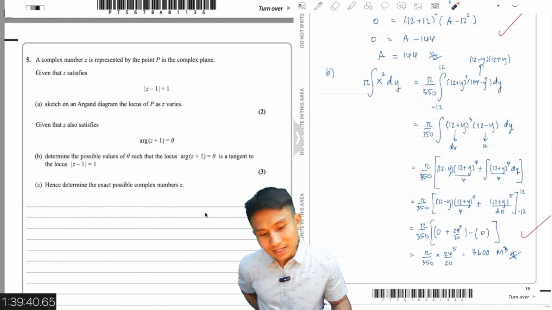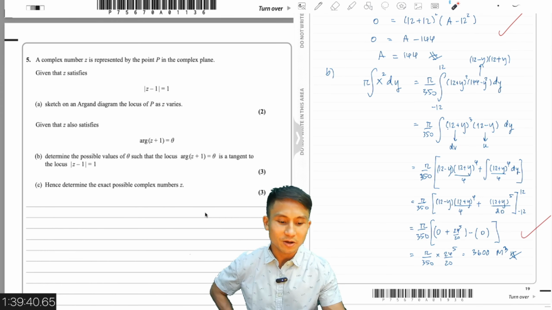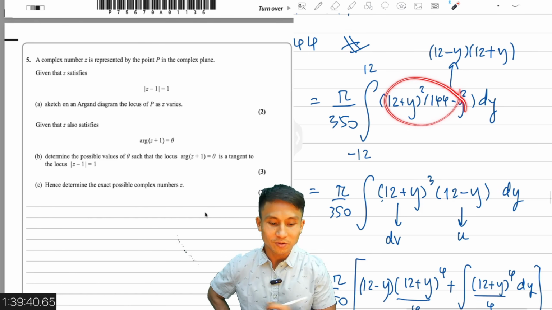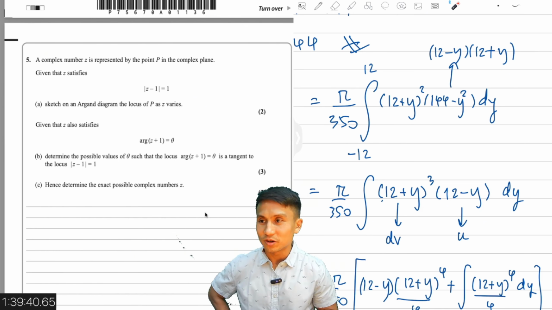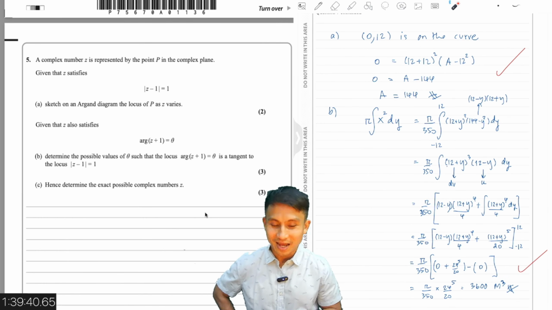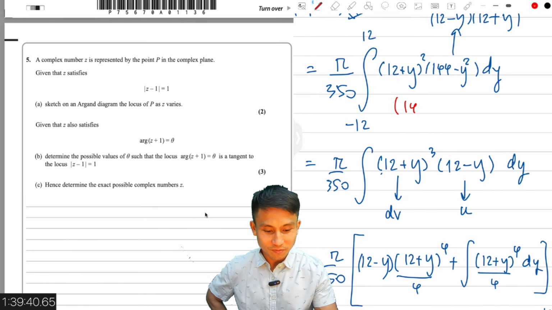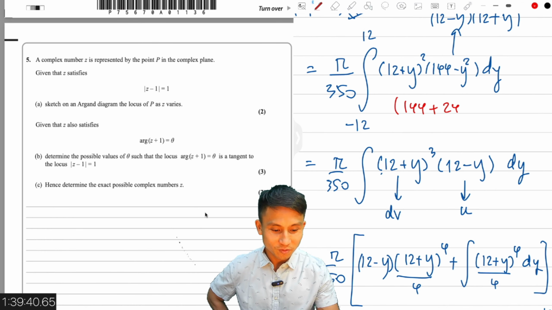Now, if I didn't do by parts, I could have just expanded them out. You can expand them out, polynomial, and then integrate each term. That might actually be easier than what I did here, I don't know, right? So if we try that, this is going to be 144 plus 24y plus y squared, and then just multiply this out with this guy.